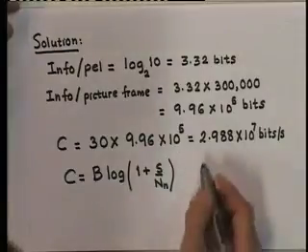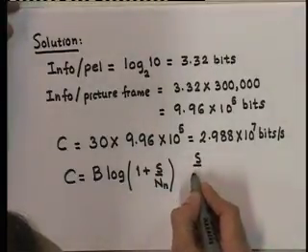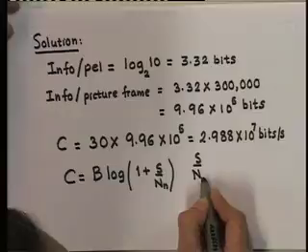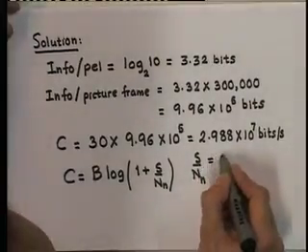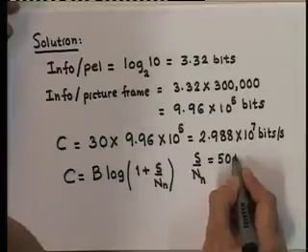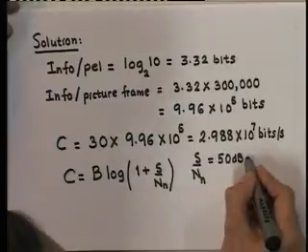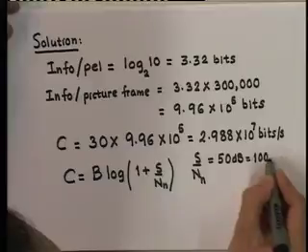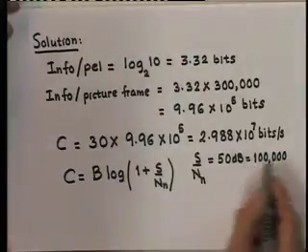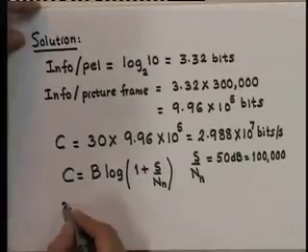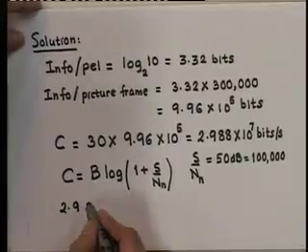We have been given that the signal to noise ratio, that is S by N, is equal to 50 dB, which corresponds to 100,000. Therefore, using this value, we get the following equation.